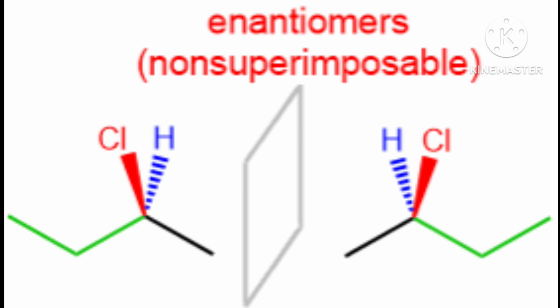OH is in the front, and H is along with the methyl group direction, at the back. Only OH is in the front. You can consider CH3, 2 CH3, at the backside. Just imagine. And H is also at the backside. OH is in the front.